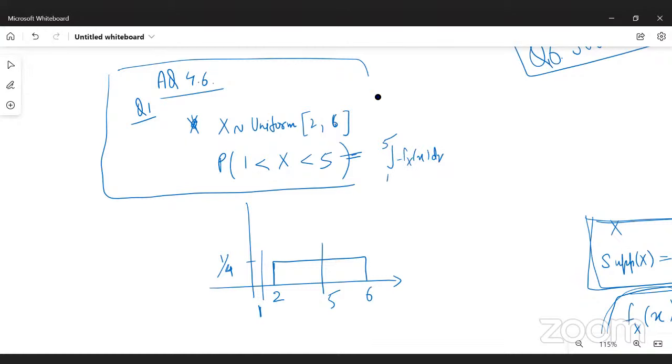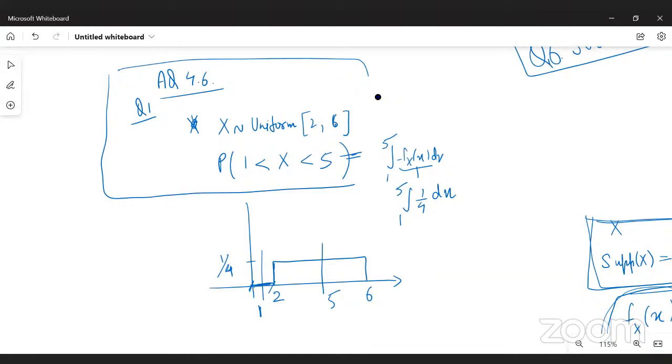And since this is uniform in 2 to 6, your f_X is defined as 1 by 4. So you have to do the integral of 1 by 4 dx. But you see here that from 1 to 2, this probability is going to be 0.